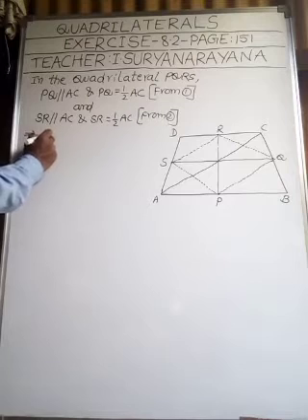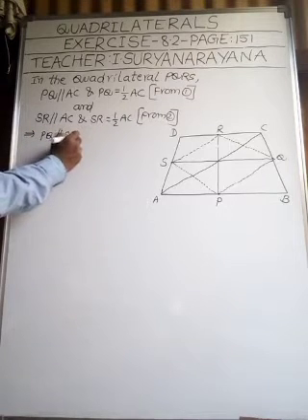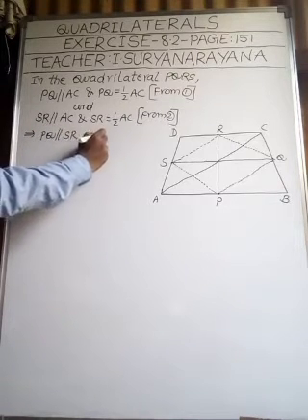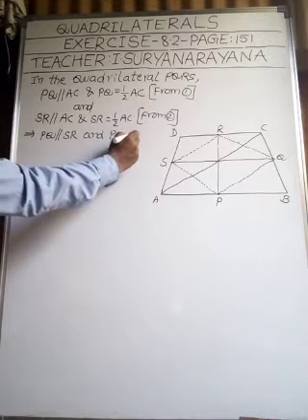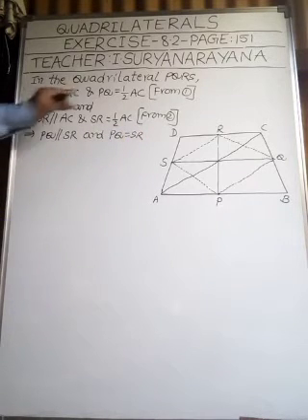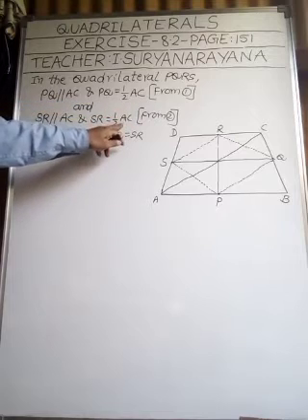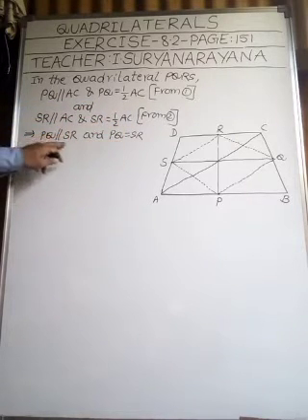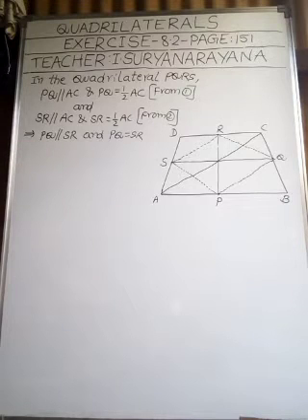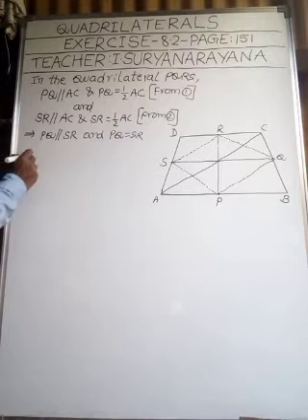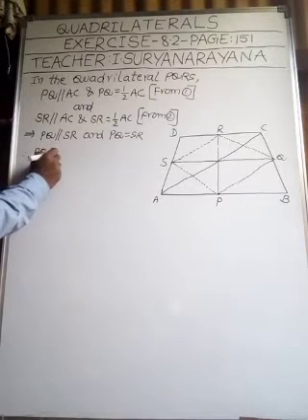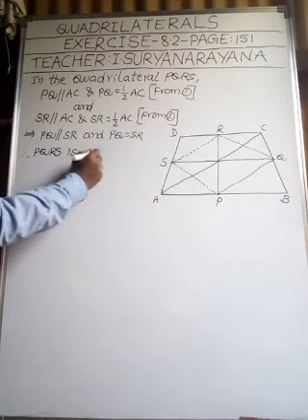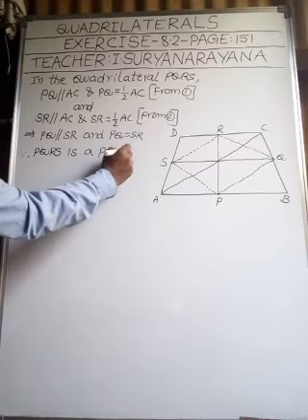PQ is parallel to SR and PQ is equal to SR, because this is also half of AC. So PQ is equal to SR and they are parallel to each other. Then we can say that this quadrilateral PQRS is a parallelogram. Therefore, PQRS is a parallelogram.